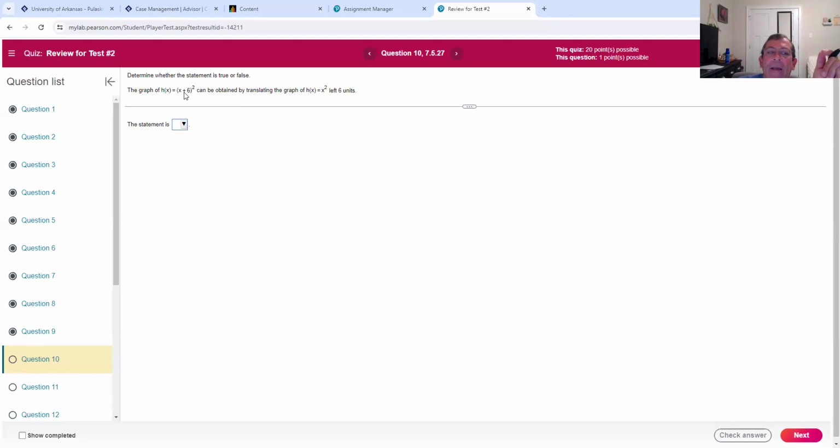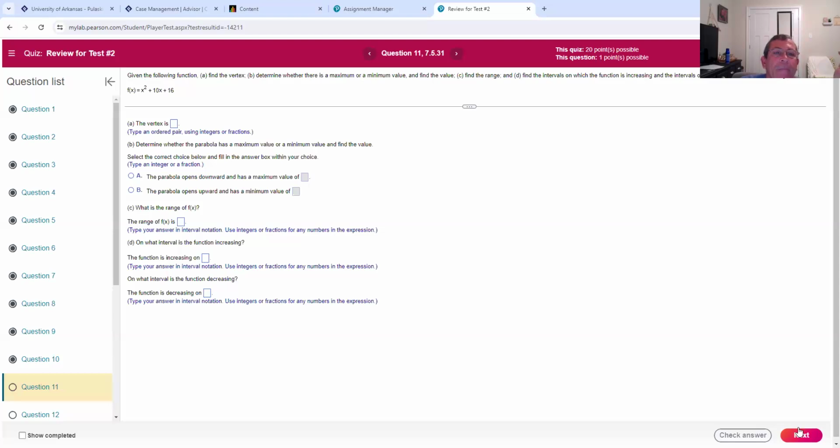If it's being added, we said it would go to the left 6 units. Well, y'all, that's what they said. They said, hey, it'll go left 6 units. So that means this statement would be true. So you're going to look inside your parentheses. If you're plus, you're going left. If you're negative, you're going right. See what they're saying? And then you're either going to agree or disagree with them, okay?